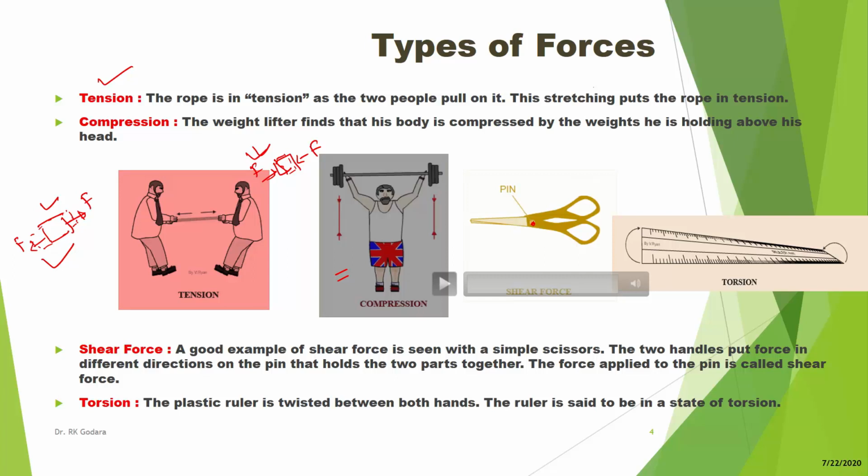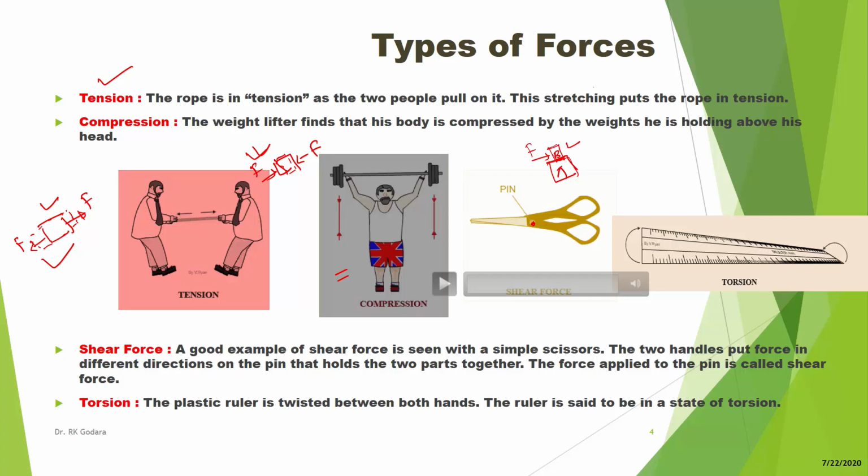This type of force is known as shear force. Another example: there are two objects A and B, with B on top of A, and you are trying to push it out. Then within the contact surface of these objects there will be tangential force and shear stresses, and this type of force is known as shear force.